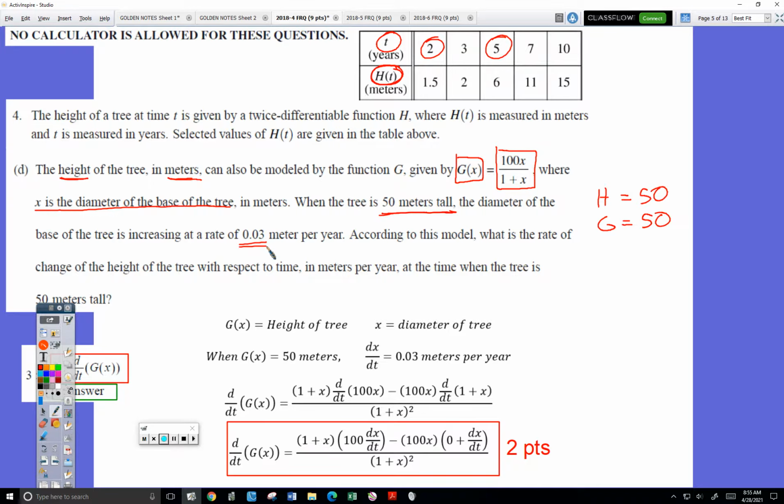You need to write that down. The diameter of the base, that's x. Therefore, dx/dt, when the height is 50, so that's g, is equal to 0.03 meters per year.